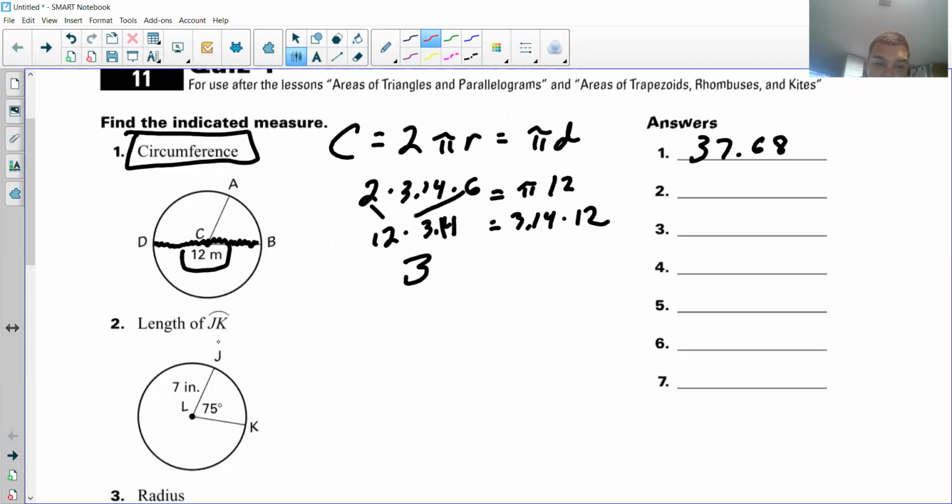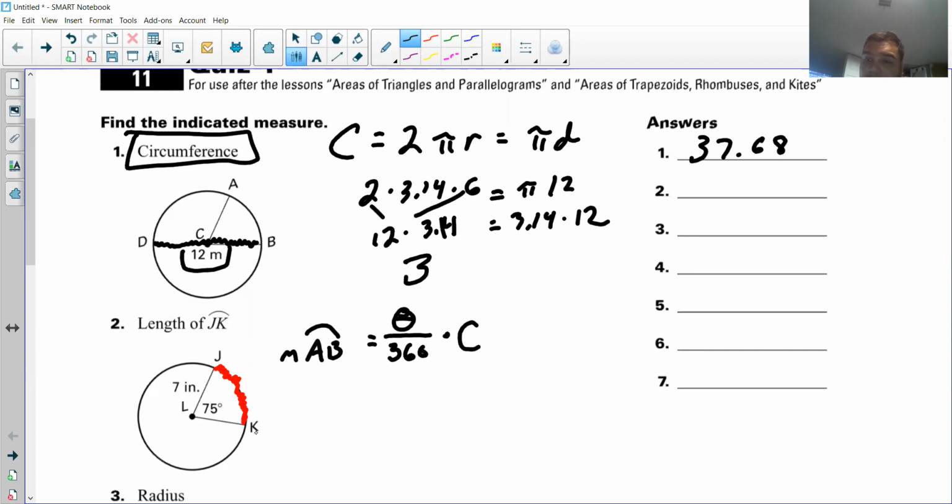Okay. Next one, they're looking for the length of JK. So when I'm looking for the length, that is the arc length. So I'm looking for how long this piece of line is. Okay. So the equation for this is the arc AB. I put a little m for the measurement of the arc AB, is always going to equal theta over 360 times the circumference.